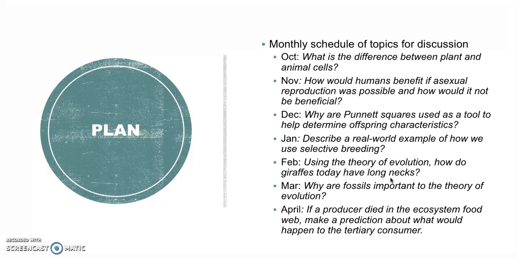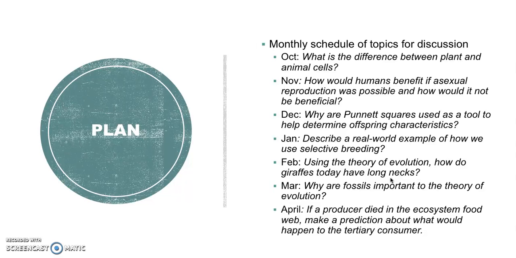So the monthly schedule that I have is listed here. We would start in October because I knew that students would definitely have their one-to-one devices by this time, and we would be deep within our second unit. So again, the writing prompt for this would be, what are the differences between plant and animal cells?